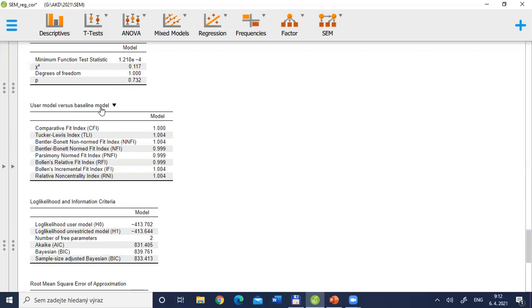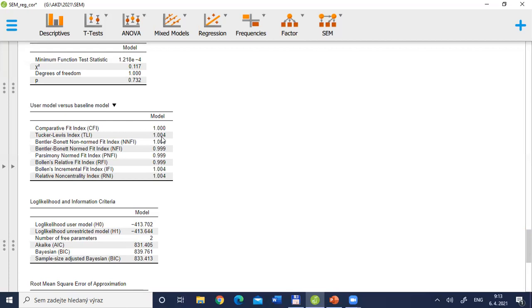We are using mostly the first two statistics, called CFI, the comparative fit index, and the Tucker-Lewis index, called TLI. These values are usually designed from 0 to 1. As you can see, TLI can slightly exceed 1, but only slightly.